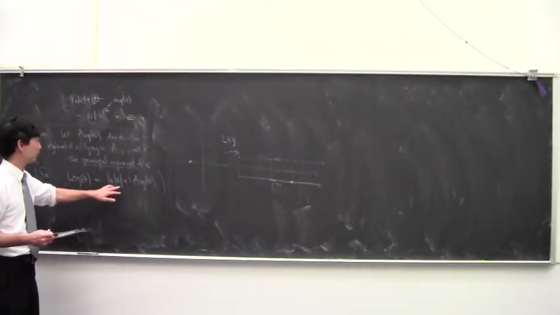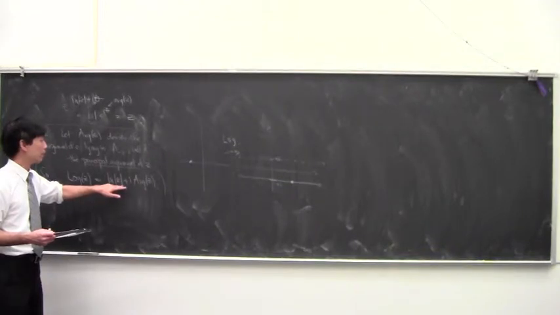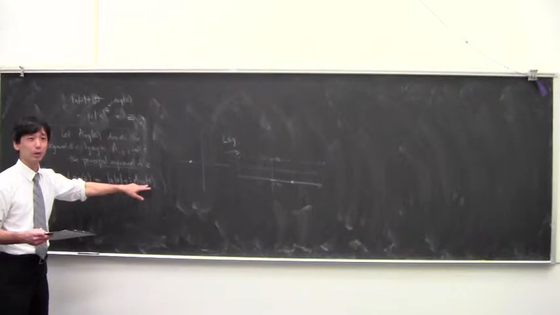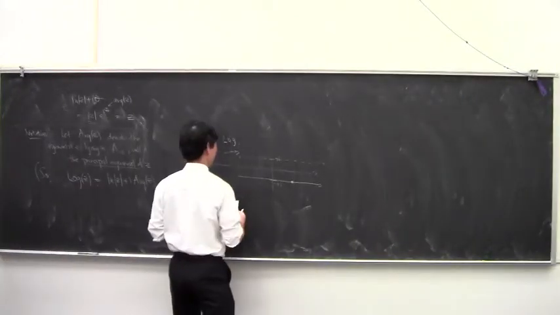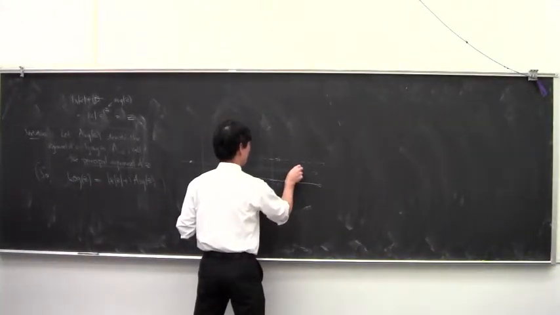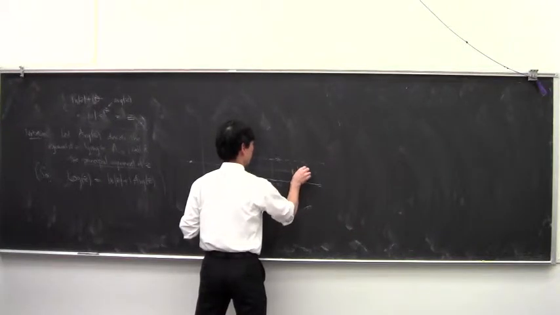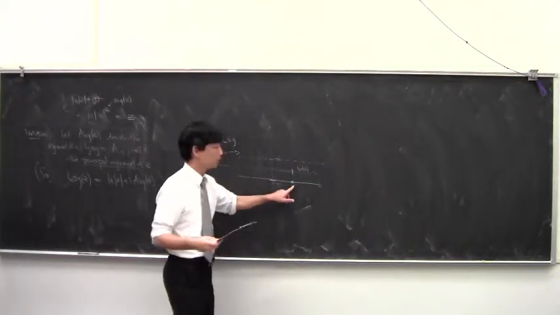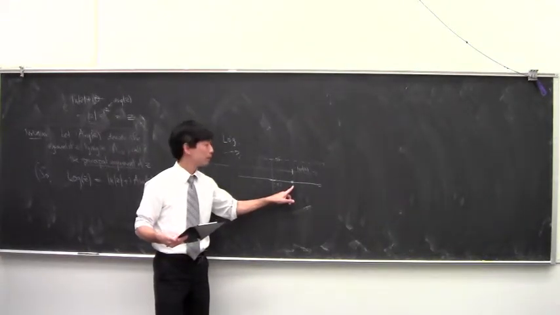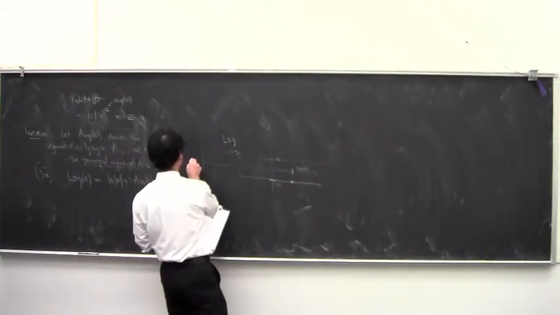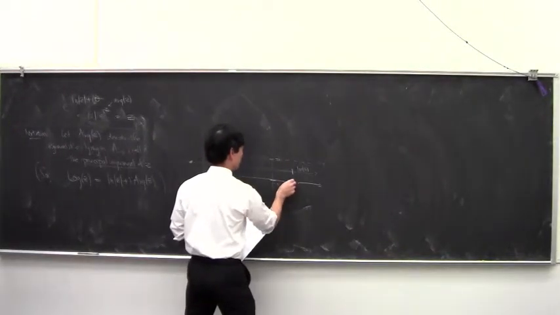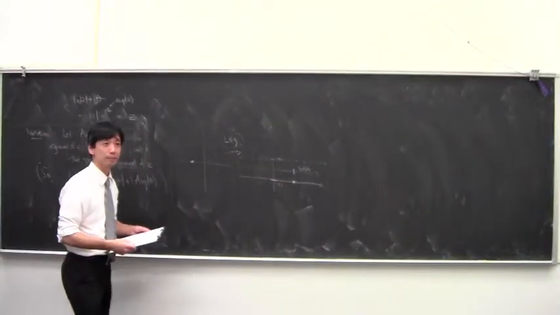Because you're going to get the natural log of its modulus plus i times its principal argument. So this is going to be old-fashioned natural log of the modulus, plus i times negative pi. If we start here, then that's the log. The principal log is going to map that point here. That's going to be the image, right?